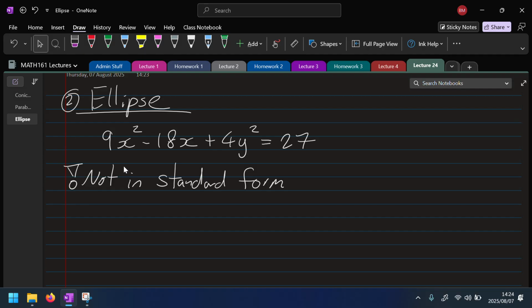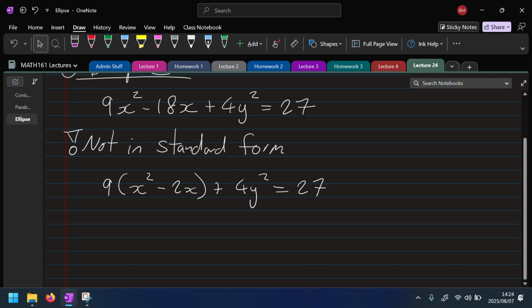So the x terms over there, we need to group together. The y squared is already by itself, so we can leave that alone. So let's focus on the x first. So we want x by itself, so let's factor out that 9. So it will be 9, x squared minus 2x. We're going to group those together. Plus 4y squared equals 27. Now what can we do with this x squared minus 2x?